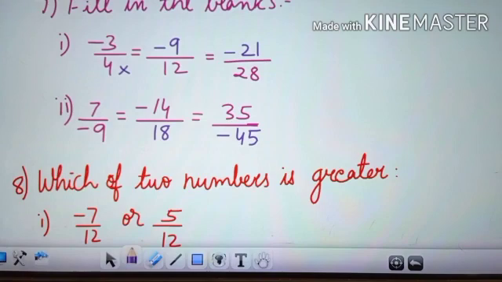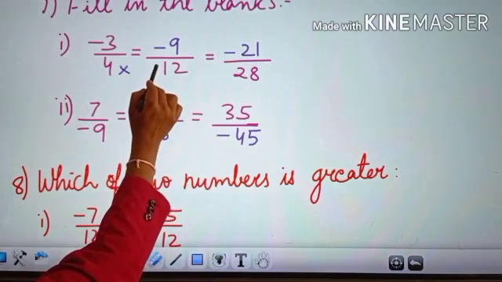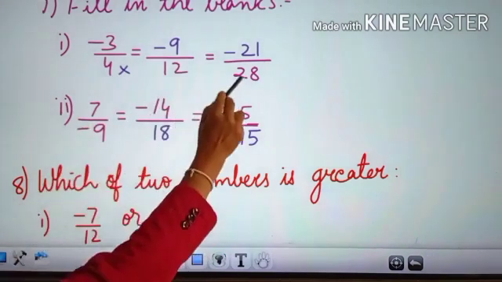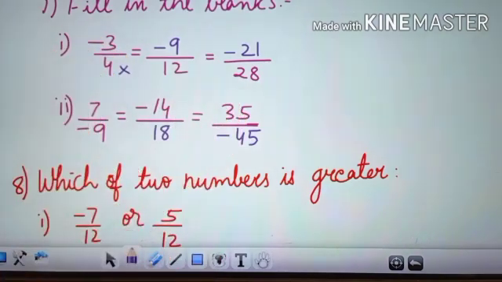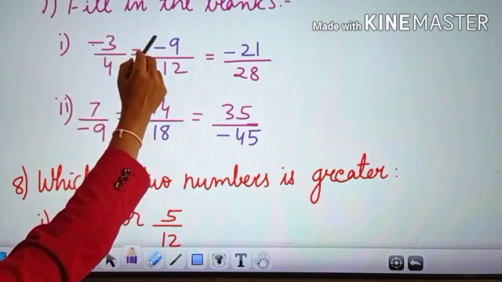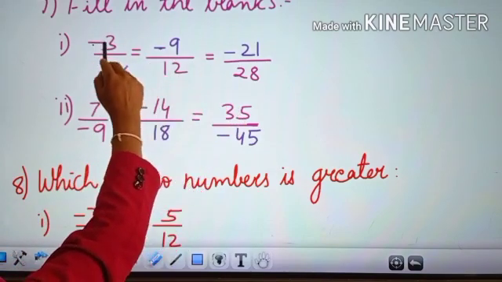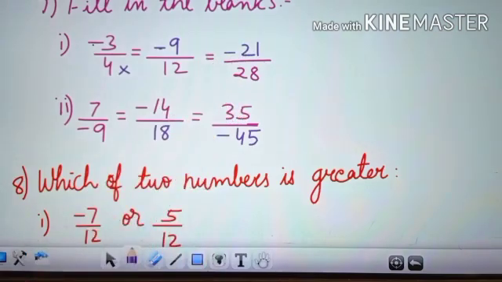You say the table, 4 7s are 28. So from here you have understood it is going by 3 and by 7. So the numerator also you have to do like that only, means here also will be 3. Minus 3 means 3 3s are 9, and here 3 7s are 21. Are you getting, children?